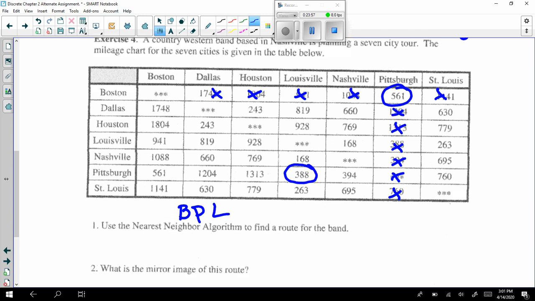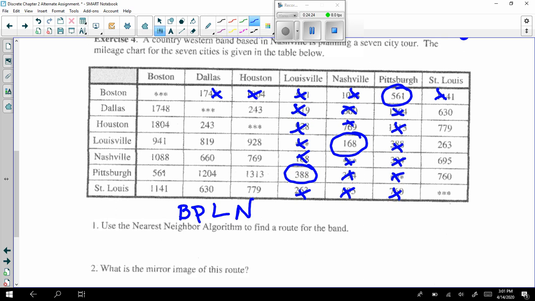So we're going to go from Boston to Pittsburgh to Louisville. So I can't do Louisville any other place. Okay, so now from Louisville, I have all these places to go, but the cheapest place from Louisville is Nashville. So I'm going to go ahead and get rid of Nashville as far as an option.